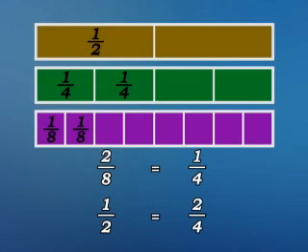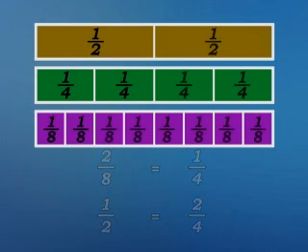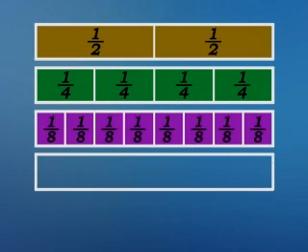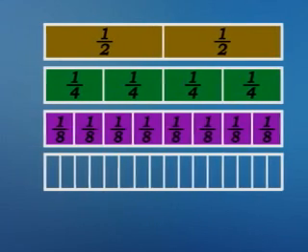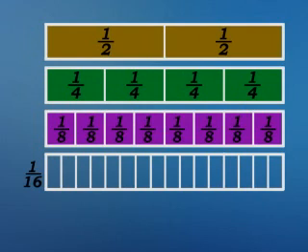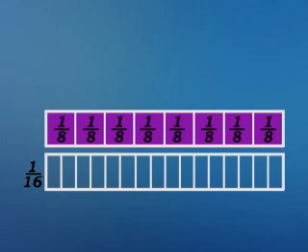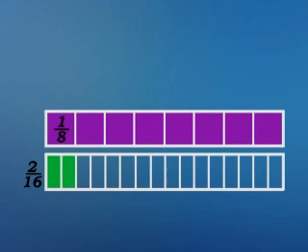And remember, 2 quarters were the same size as 1/2. Now let's look at another block. We'll divide it into 16 equal parts, 16 fractions. And if we compare the block with eighths and the block with sixteenths, we'll see that 2/16 is the same as 1/8.